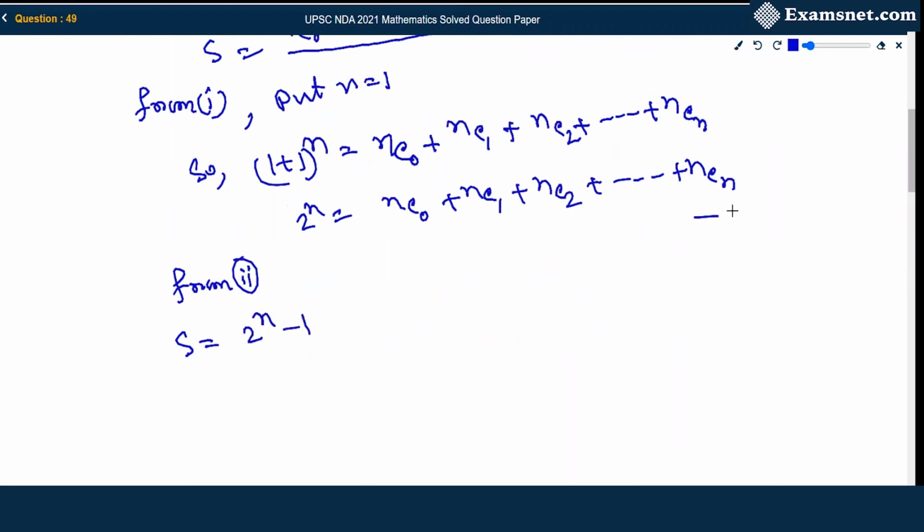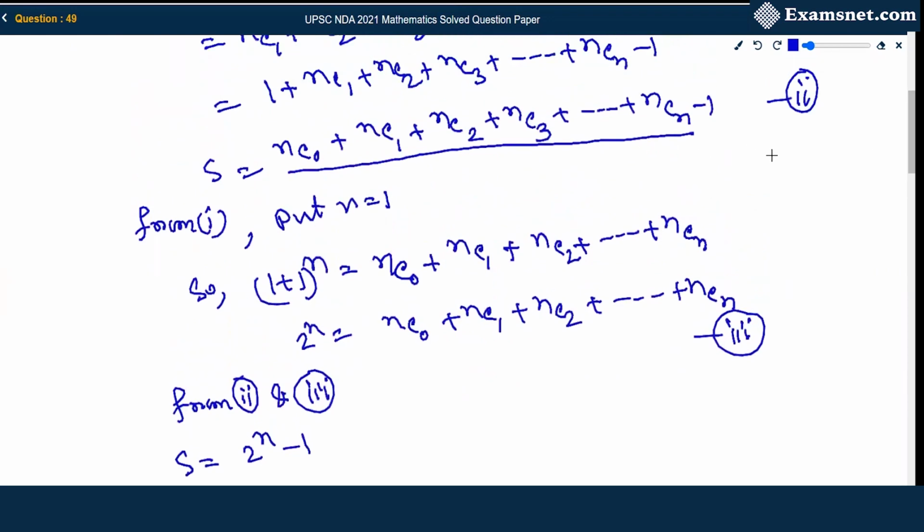I have already replaced it. Let's name it 3. From 2 and 3, I can write S equals to 2 to the power n minus 1. Look here, nC0 plus nC1, nC2, nC3 dot dot dot up to nCn. That is giving me the exact value of 2 to the power n. So I've replaced it with 2 to the power n minus 1.